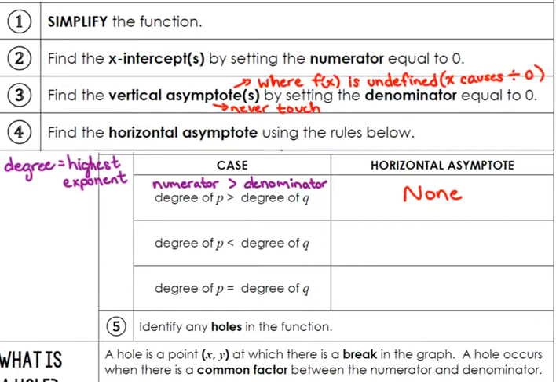If the highest powered exponent in the numerator is greater than the highest powered exponent in the denominator, you do not have a horizontal asymptote. If the highest degree in the numerator is less than the highest degree in the denominator, that is y equals 0.